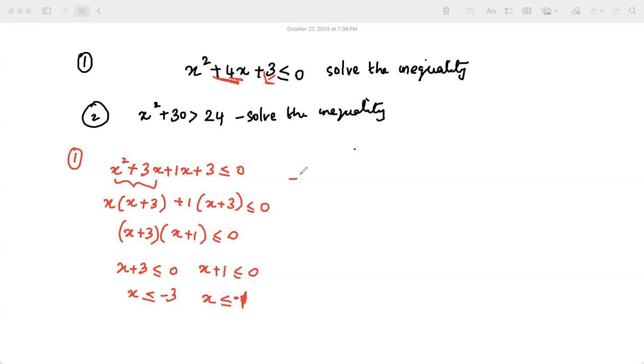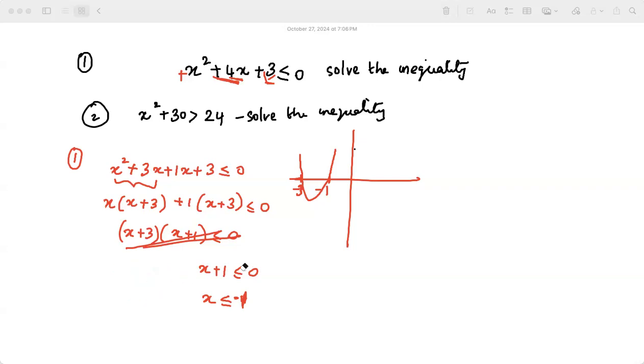Okay, let's see, guys. Let's graph it and see. So this is at minus 1, minus 3. Those are the intercepts, right? It's an upward facing parabola. So when you look at this equation, you stop here, right? This is the factored form, right?